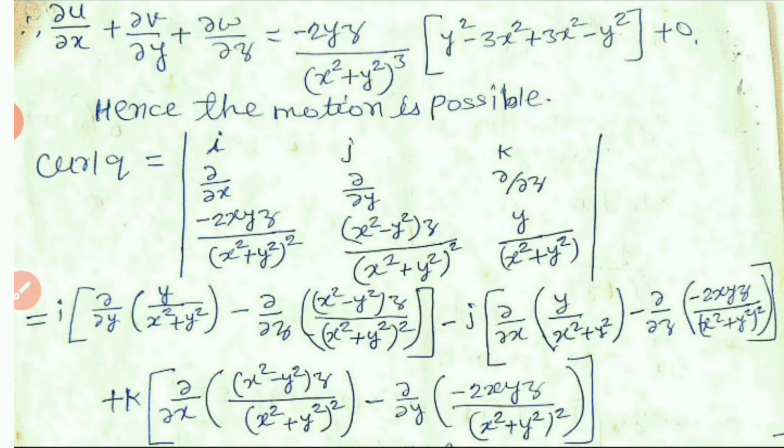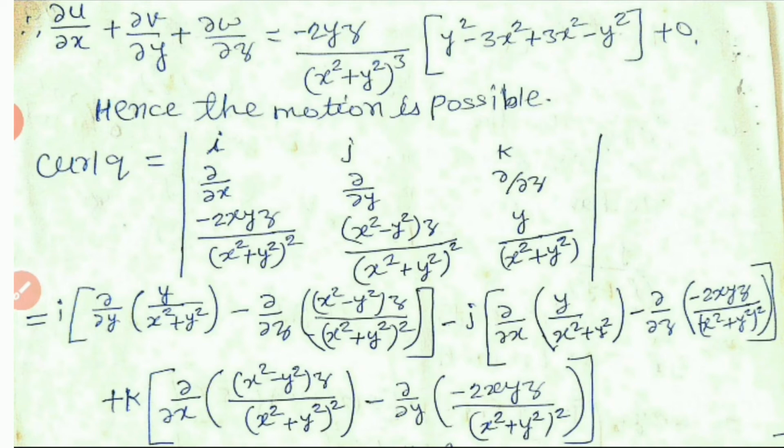So this term will be 0, 0 into this term is equal to 0. Therefore, dou u by dou x plus dou v by dou y plus dou w by dou z is equal to 0, and therefore motion is possible.